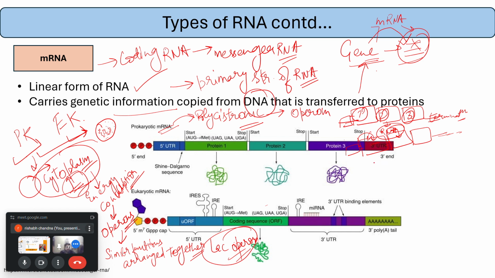So, like this, there are multiple genes attached to each other in the form of a chain. This is one cistron, or the open reading frame. This is the other cistron that forms the protein part. So there are multiple cistrons arranged in a series. That is why this RNA is called polycistronic.